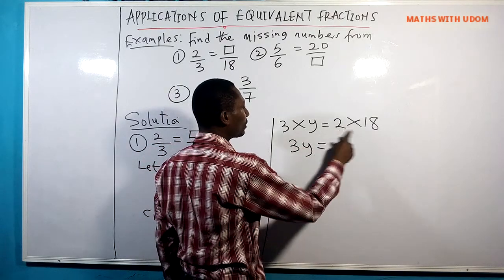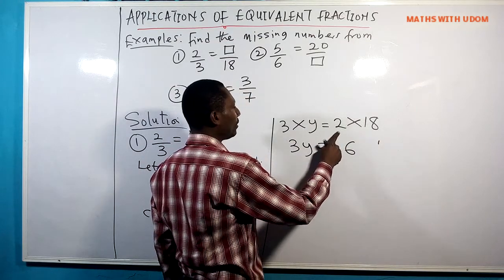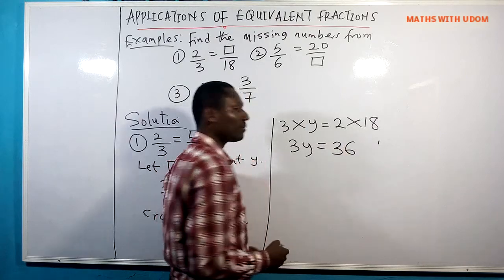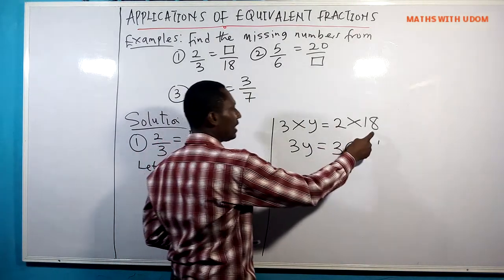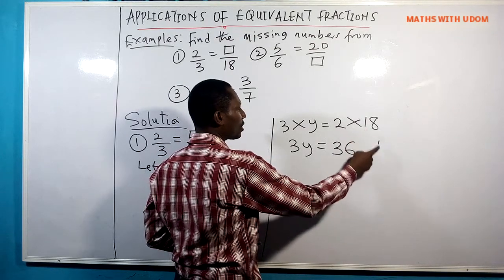So let's go. 2 times 8 is 16, 6 carry 1. Then 2 times 1 is 2, plus 1 is 3. Is that clear? 2 times 8, 16, 6 carry 1. 2 times 1 is 2 plus 1, that is 3.